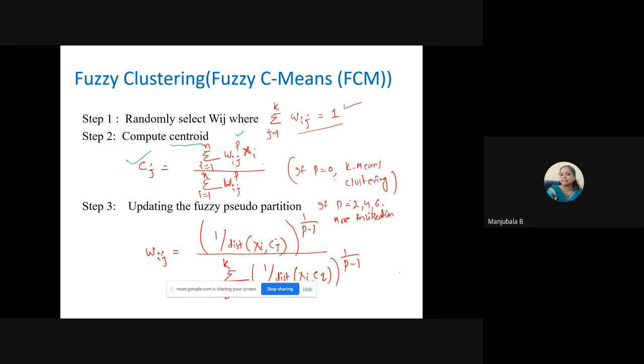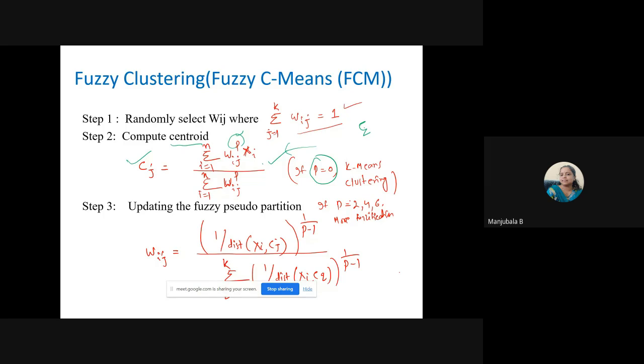If p equals 0, it looks like K-means clustering. In K-means clustering, how do you calculate the centroid? It is the average of all the attribute values. So p equals 0 means it becomes K-means clustering.